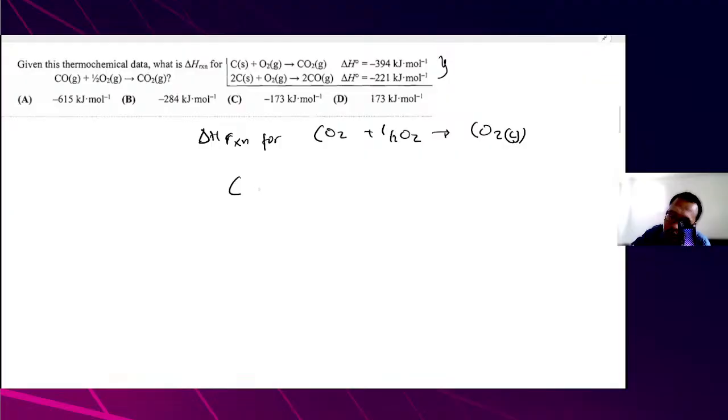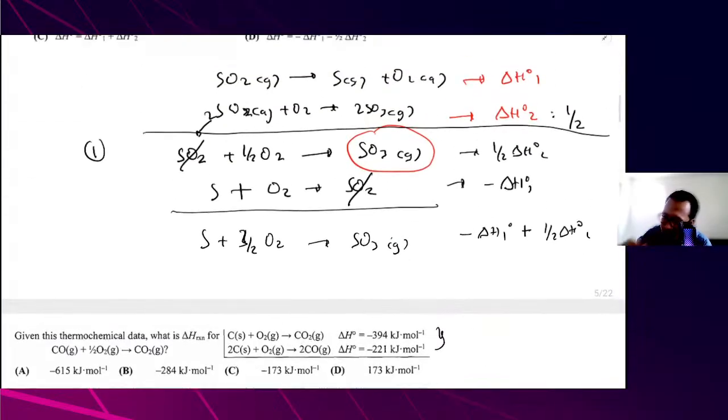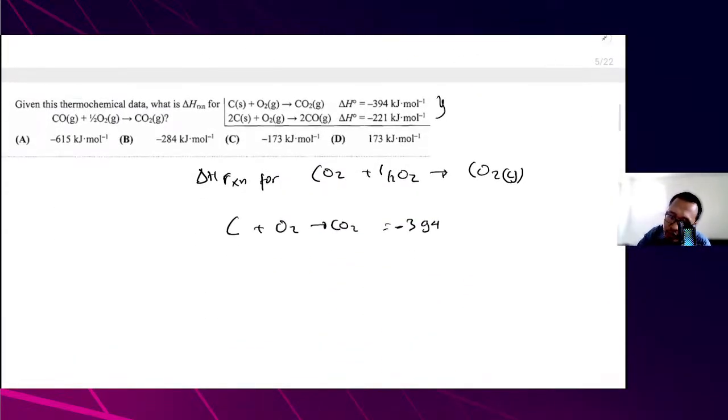So we put in C plus O2 giving CO2, and this one is minus 394. For the others, I just want to put it in reverse, so it will be CO becoming C plus O2, and I want to halve it, divided by half, so it will be 1, right, and then half for this one.